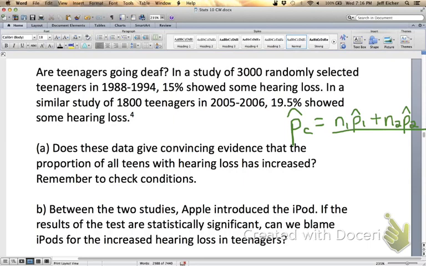Success in this case being hearing loss. N1 plus N2 is the total combined sample size. So see if you can calculate the combined proportion and see if you can get a Z statistic. The solution is coming right up.